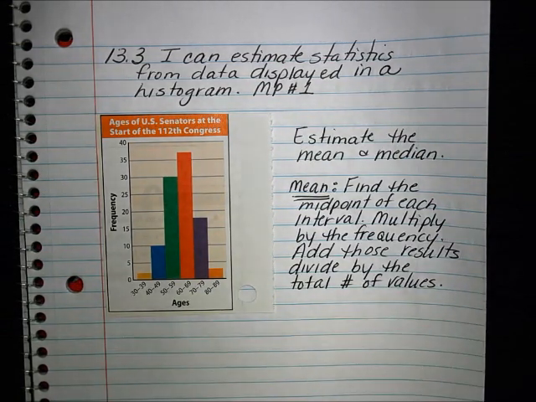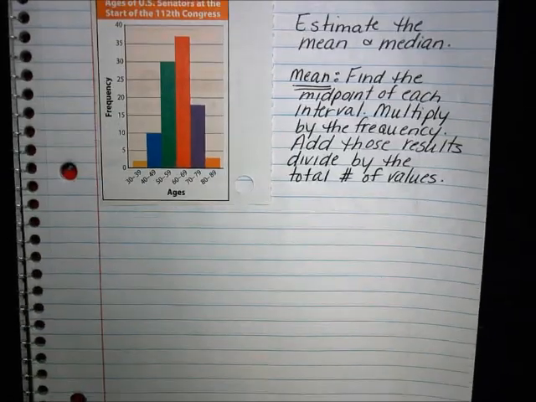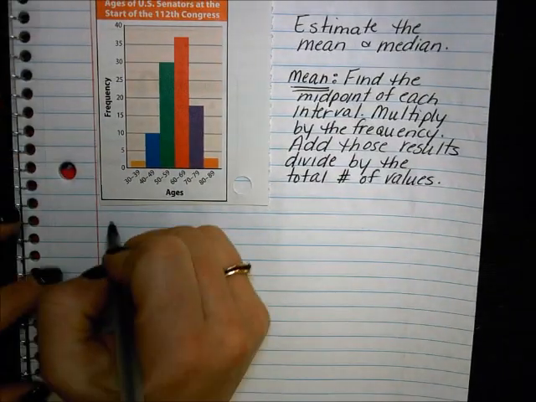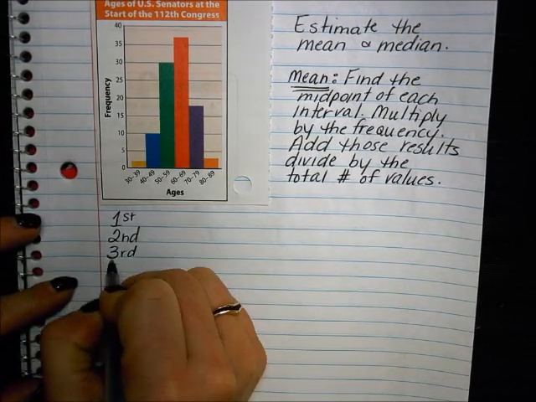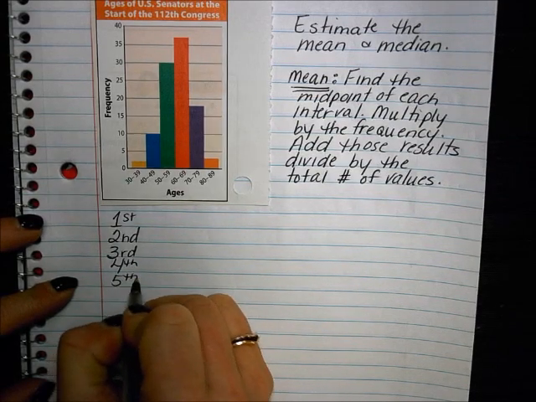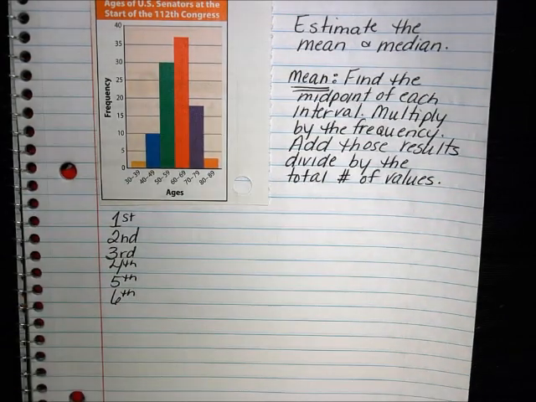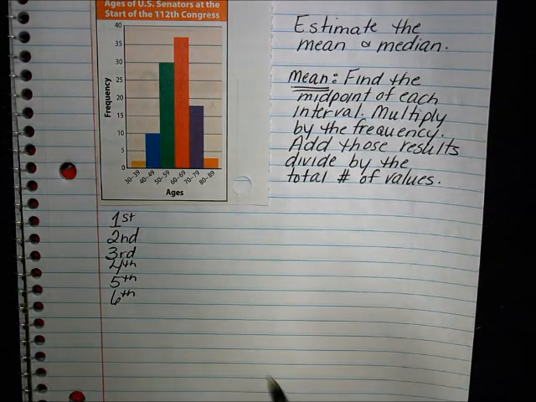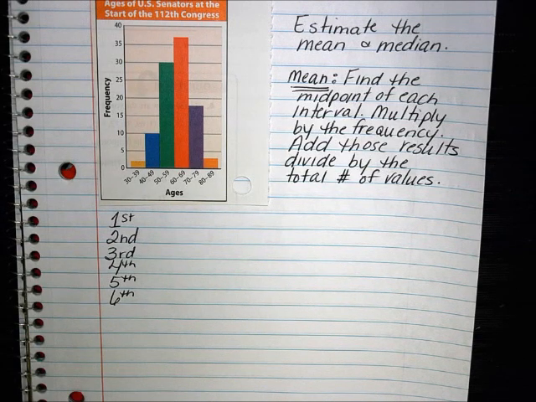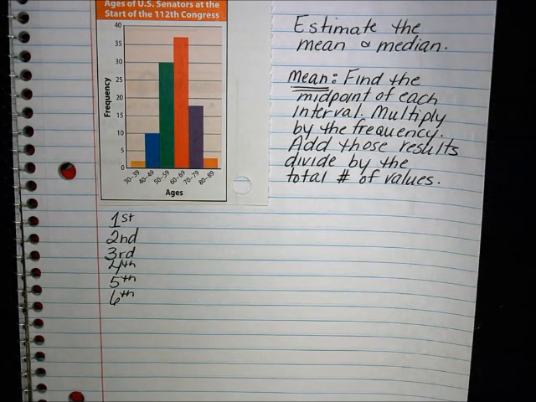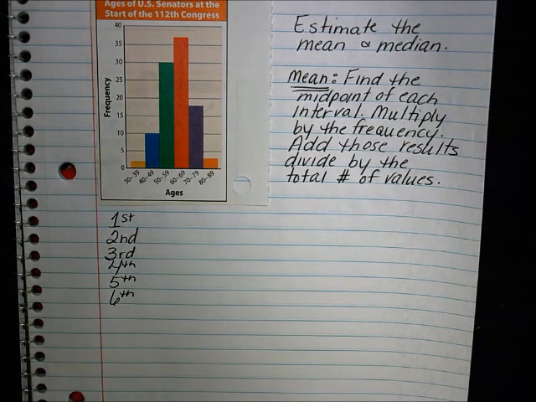So let me show you how this would look. I said that there were 6 intervals. So we'll call them first, second, third, fourth, fifth, sixth. Okay. In the first interval is from ages 30 to 39. Now, from 30 to 39, I want to find the midpoint, or the middle of that. The middle of 30 to 39 is 34.5, right?